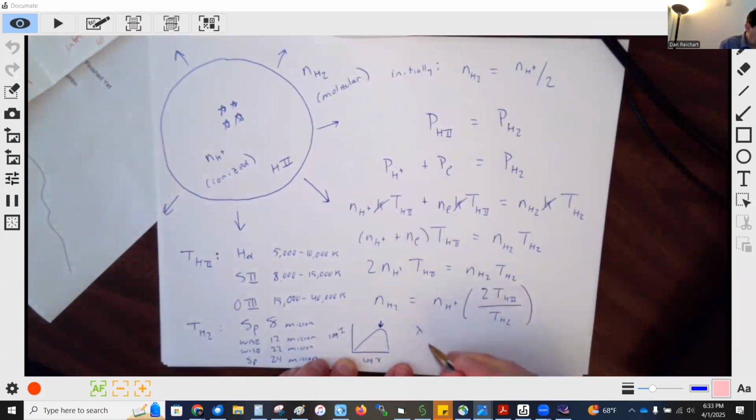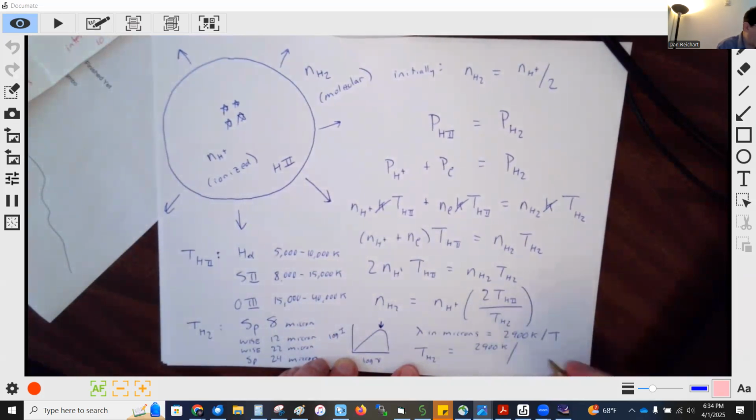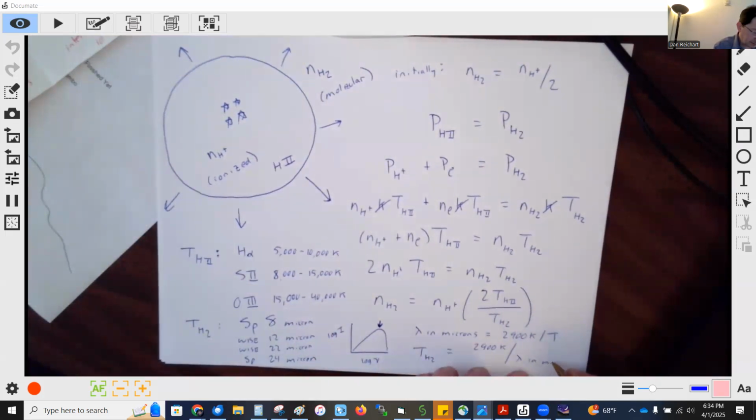And the equation, the wavelength of the peak in microns is 2,900 Kelvin divided by T. Or if we flip this around, the temperature of that exterior gas, the temperature of the molecular gas out there, is going to be at least roughly 2,900 Kelvin divided by the wavelength in microns.